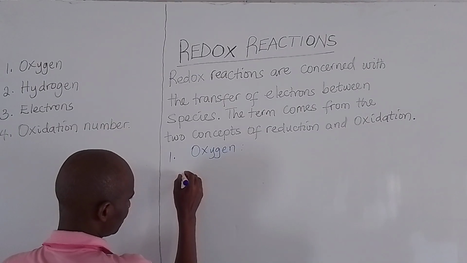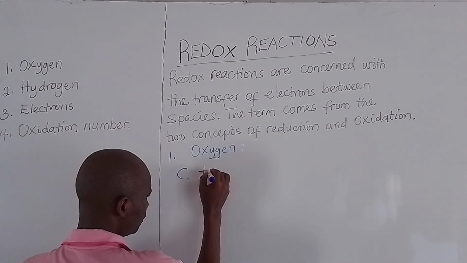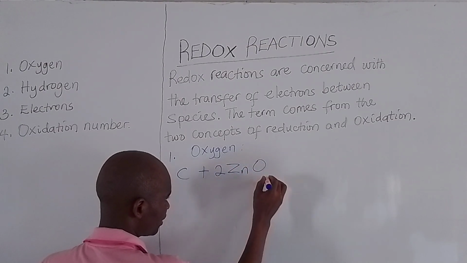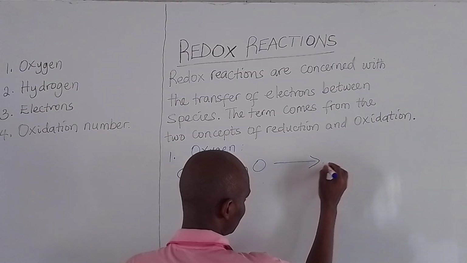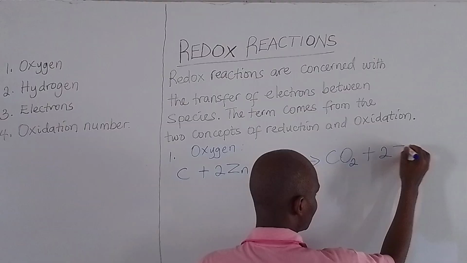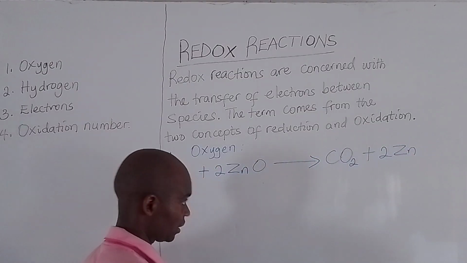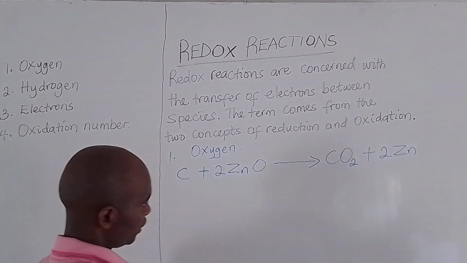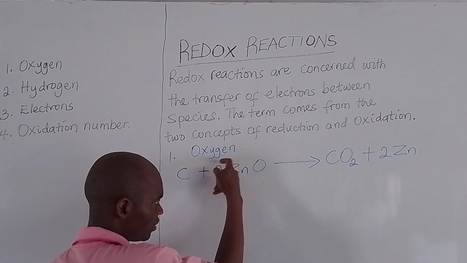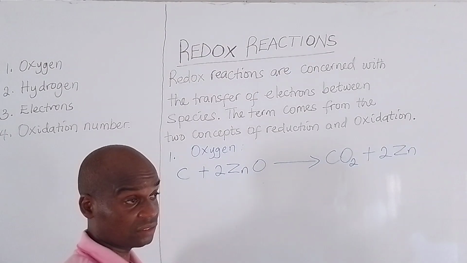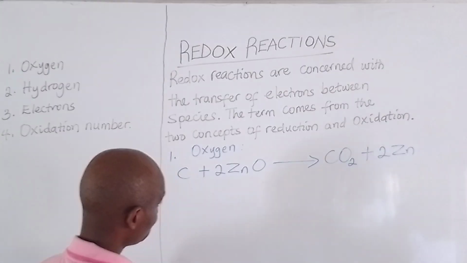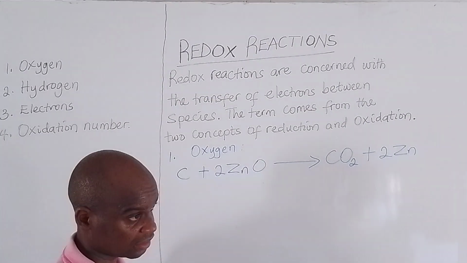We take as an example the reaction between carbon and zinc 2 oxide to give us carbon 4 oxide and zinc metal. In this reaction, zinc 2 oxide is the species bearing the oxygen atom. Here there is no oxygen.